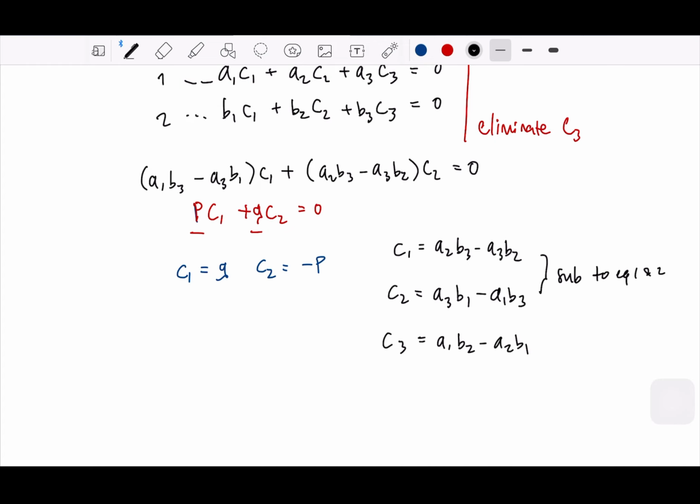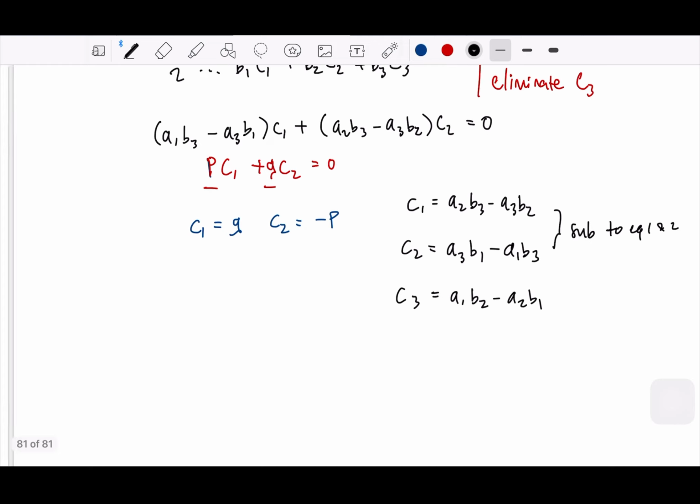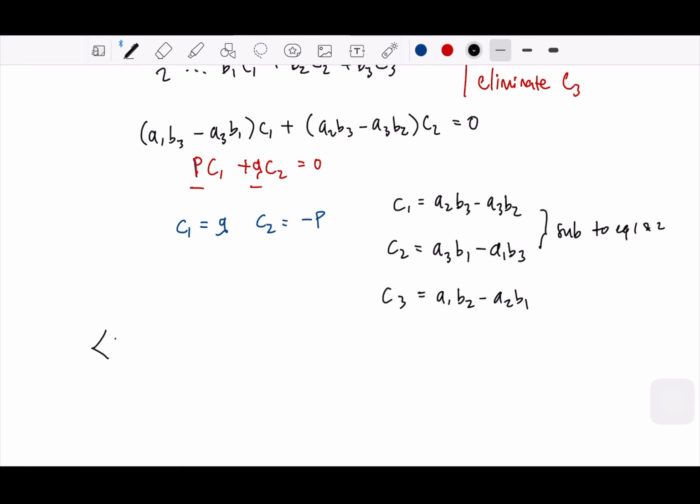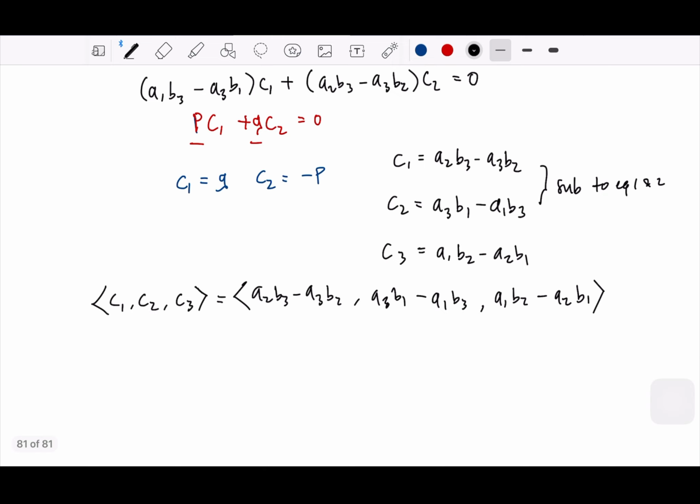It means that we develop the three components of the vector, which are A2B3 minus A3B2, and the others. Now, this is particular.